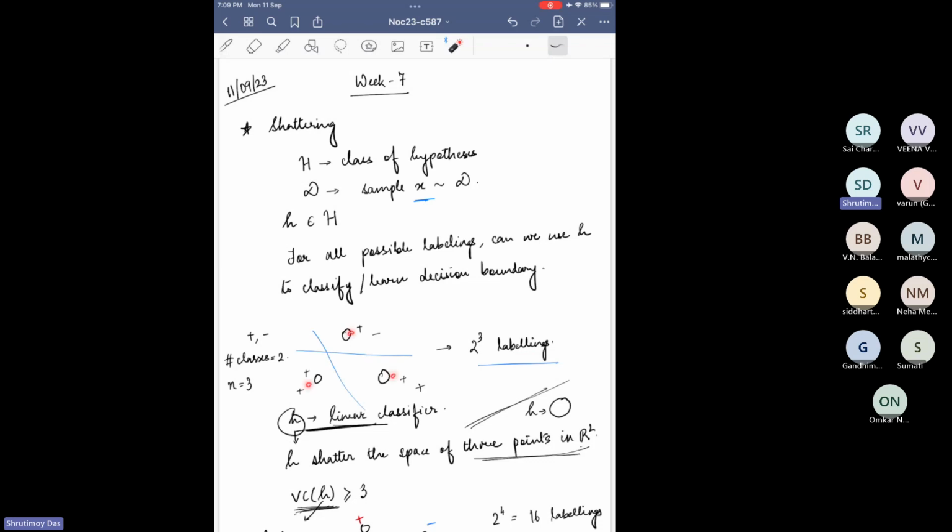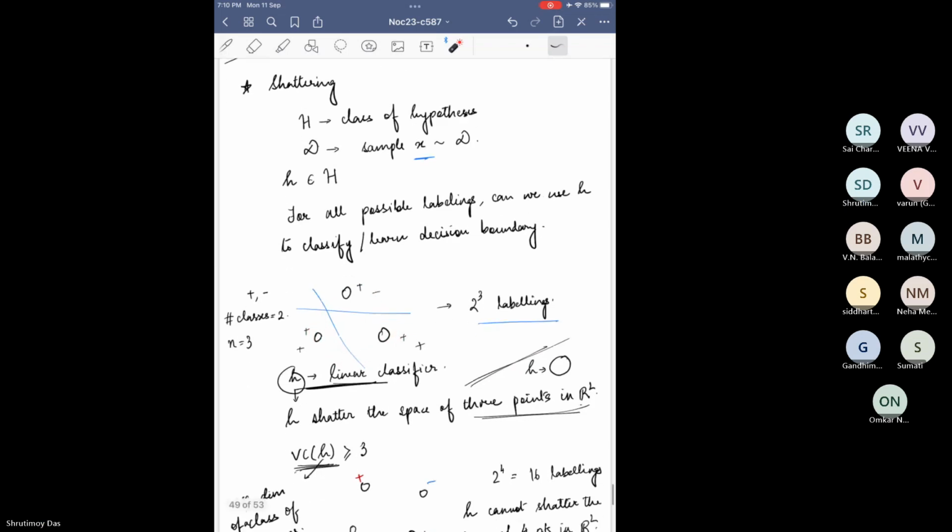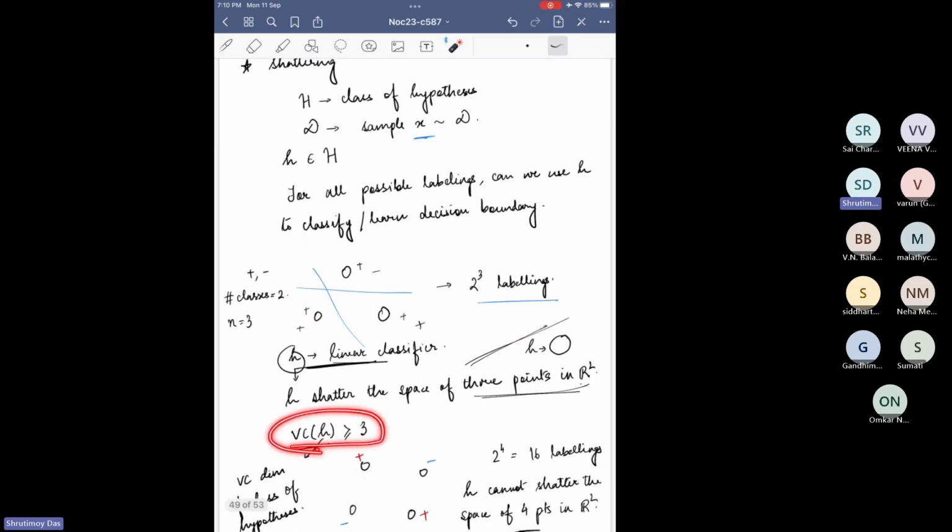You can have plus plus plus, or plus minus minus, minus plus plus, and so on. So you will have eight possible labelings of data in this form. If our classifier H can classify each of these 8 possible configurations into positive or negative space, then we can say that it shatters the space of 3 points in R2. So here we'll say that the VC dimension of H is greater than or equal to 3.